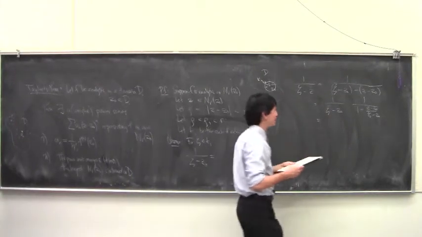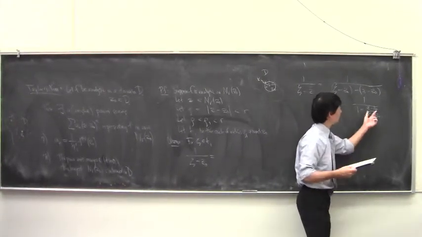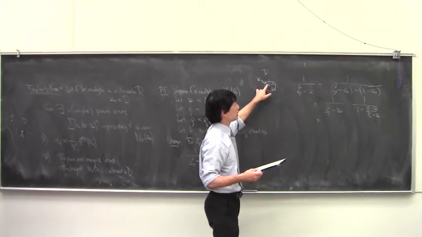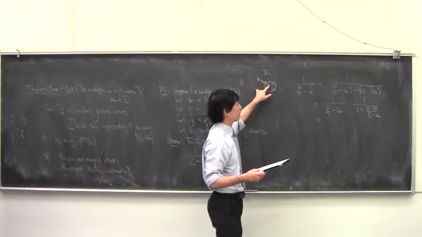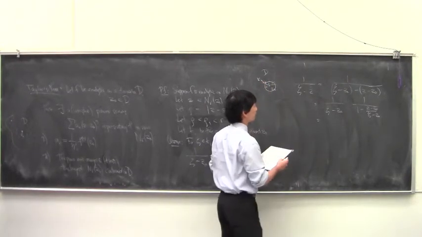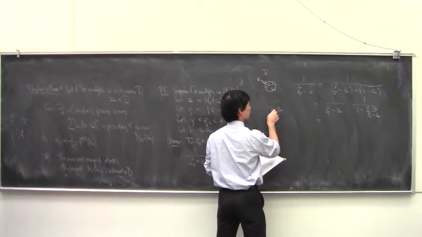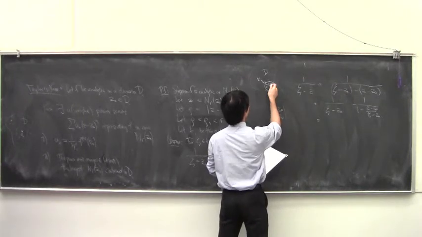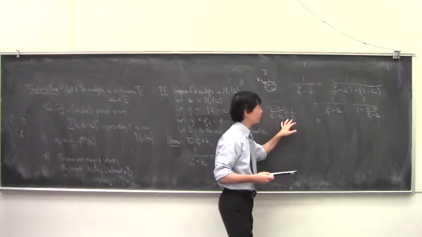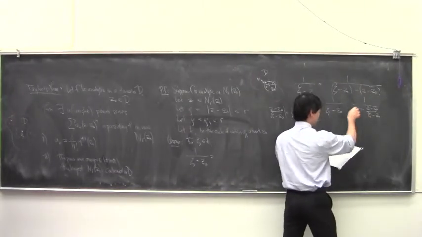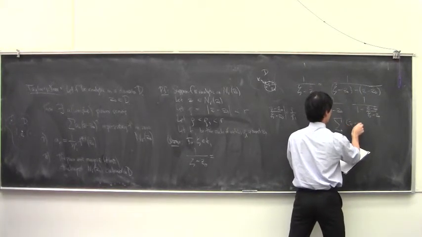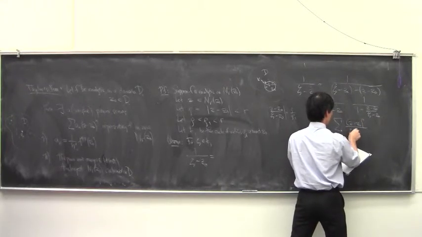But notice that (z minus z naught) over (zeta minus z naught) is in modulus smaller than 1. That's rho over rho 1, and rho 1 is bigger than rho, so this is smaller than 1. And so we can express this using the geometric series, as the sum of (z minus z naught) to the n over (zeta minus z naught) to the n.